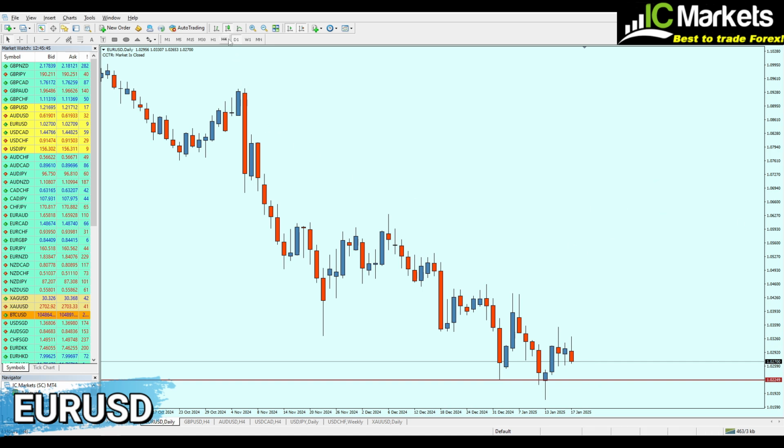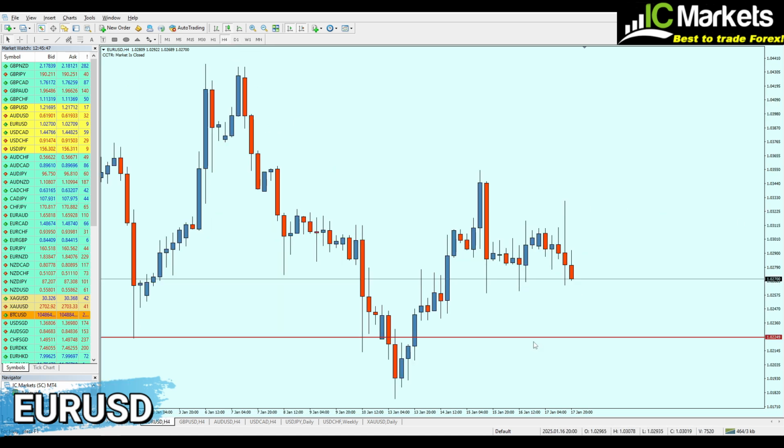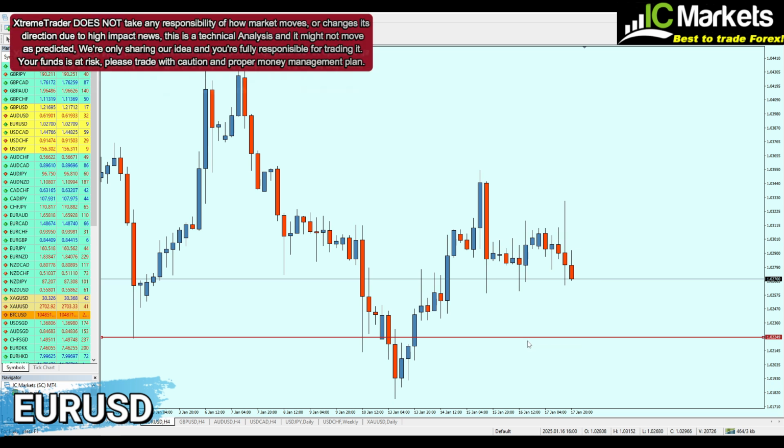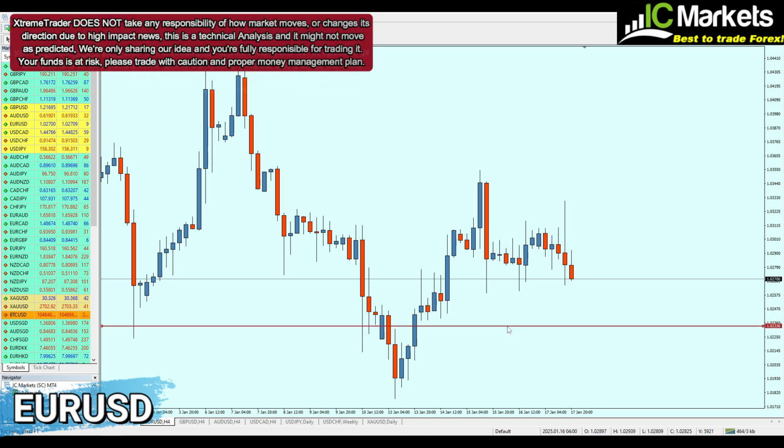Now moving to the 4-hour time frame to find the exact entry. As you can see, we decided to buy at 1.022, however, right here exactly at 1.023 we have the real level of support, and then here a fake breakout.